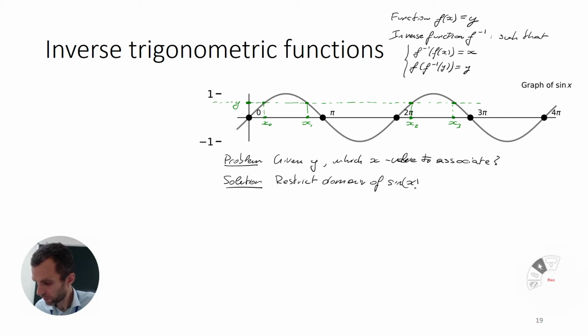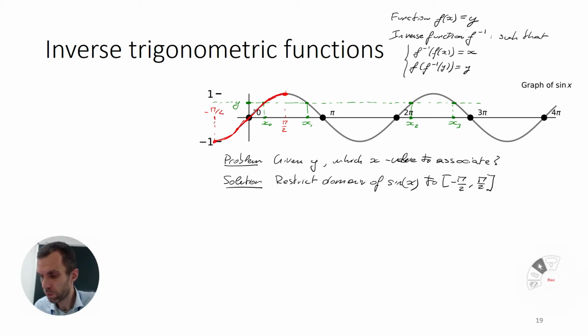of sine x, and we'll restrict to the interval minus pi over 2, pi over 2. On the figure, that means pi over 2 is about here, and minus pi over 2 is on the other side, and the graph looks a bit like this, going nicely to minus 1 here. And we have this part of the graph.